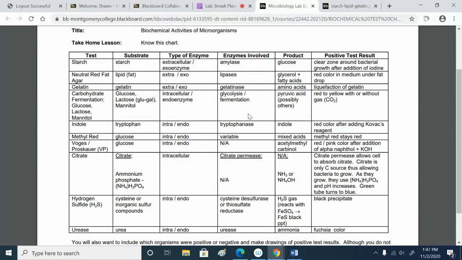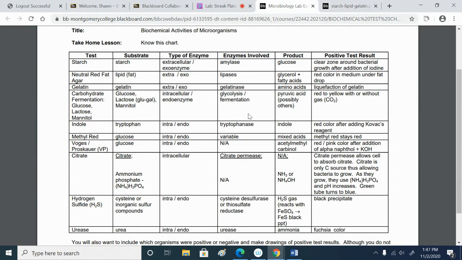And again, proteins are big molecules. The cell cannot absorb them. It must break them down first on the outside. And so the enzyme that hydrolyzes gelatin is a special protease, because proteases in general break down proteins.